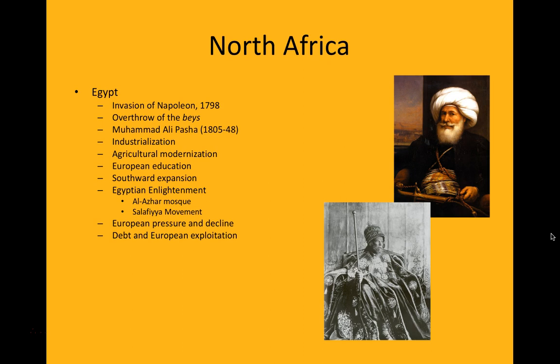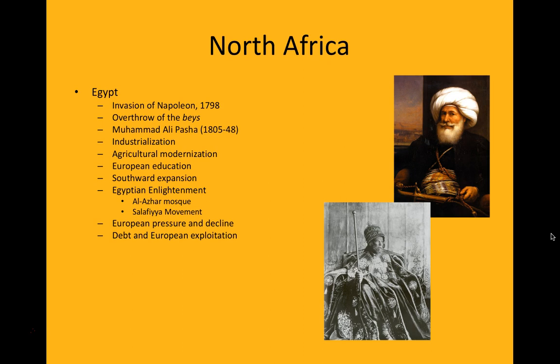Napoleon, who was still at this point just a military leader in the French army, although he was technically Corsican, right? He didn't even come from France proper. But he, at the head of a French army, really in some defiance of the wishes of the French Republic, this is shortly after the French Revolution, of course, invaded Egypt.